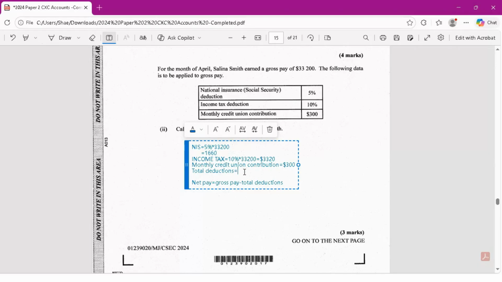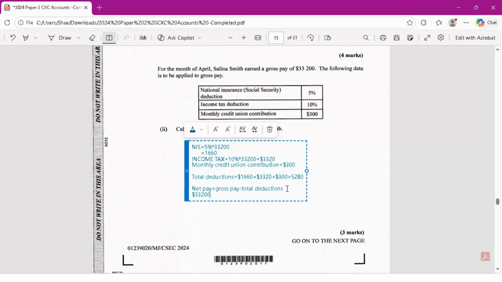So it's 1,660 plus 3,320 plus 300, which gives us a total of $5,280.